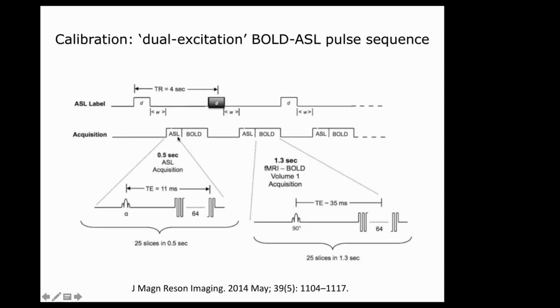The reason for that is that it allows us to do background suppression of the ASL without losing so much BOLD signal, given that we're largely limited by signal to noise in the ASL acquisition. So it improves the ASL data, as most of you know, to do the background suppression.